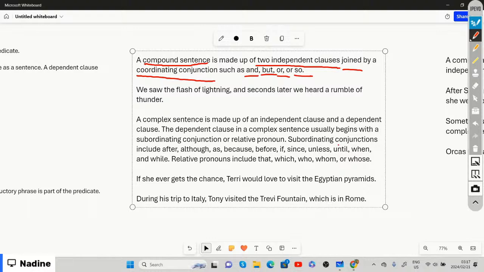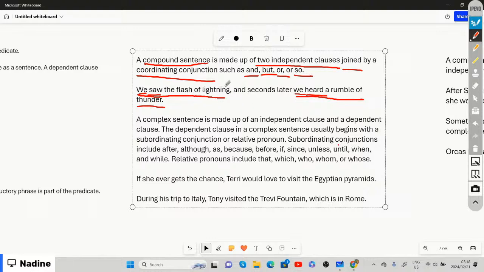An example of a compound sentence is: we saw the flash of lightning. So that is a sentence that can stand on its own. Here we have our subject, and here we have our predicate. Seconds later, we heard a rumble of thunder. We have our subject, we have our predicate, right?